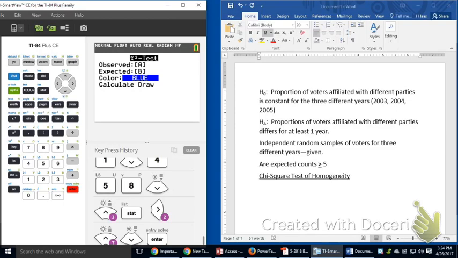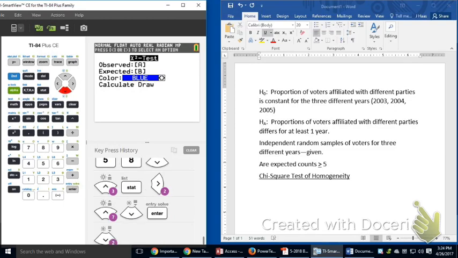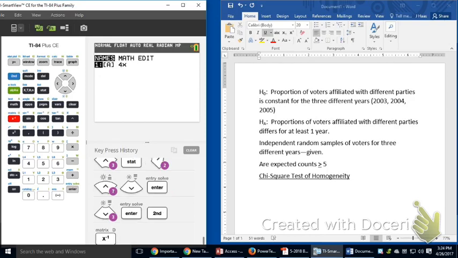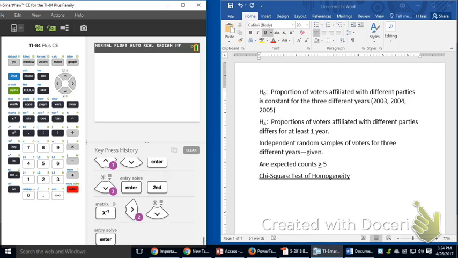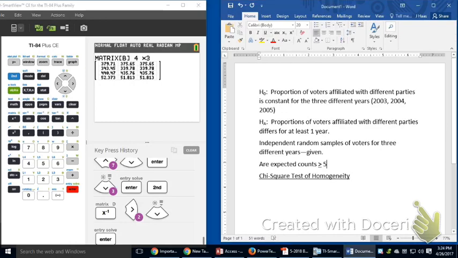So chi-square test. I know we don't have expected values in B, but the calculator is magical because once I calculate, if I go back to matrix and edit matrix B, then those are my expected counts. So in this case, yes.